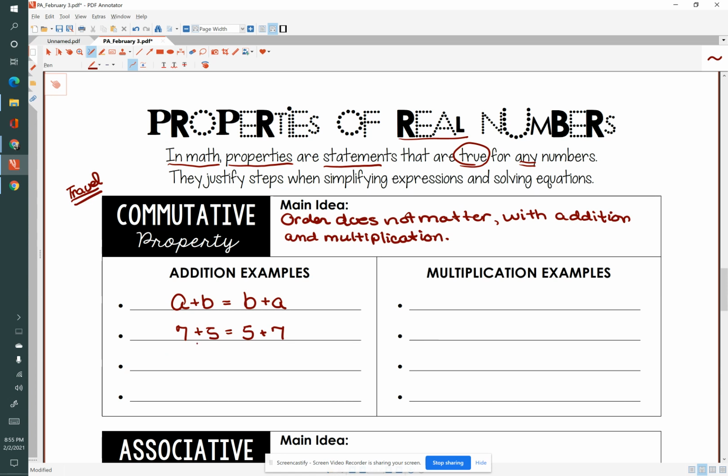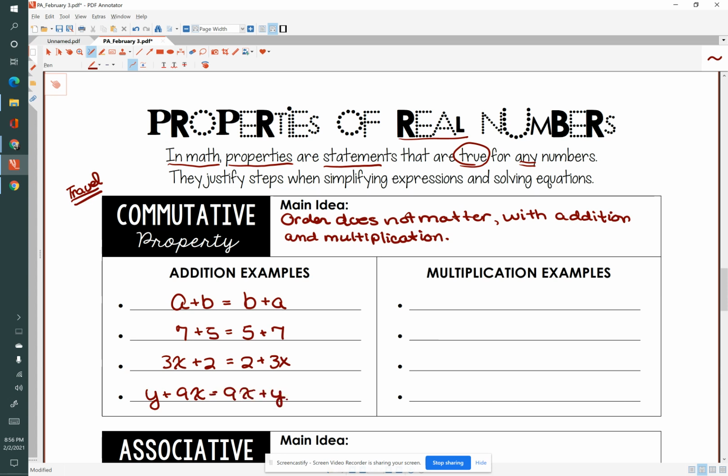In expressions, we could say 3x plus 2 is the same as 2 plus 3x. Or we could say y plus 9x equals 9x plus y.